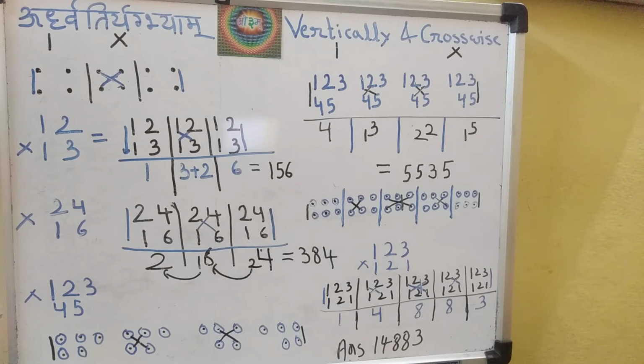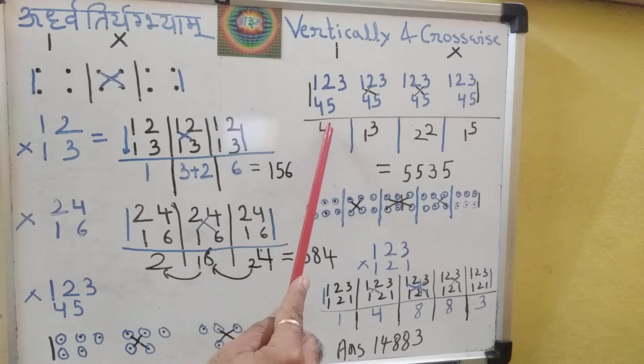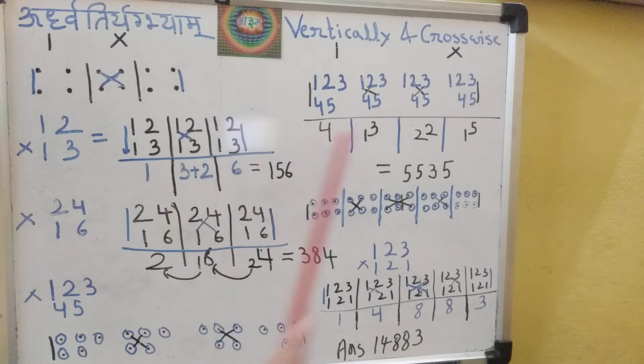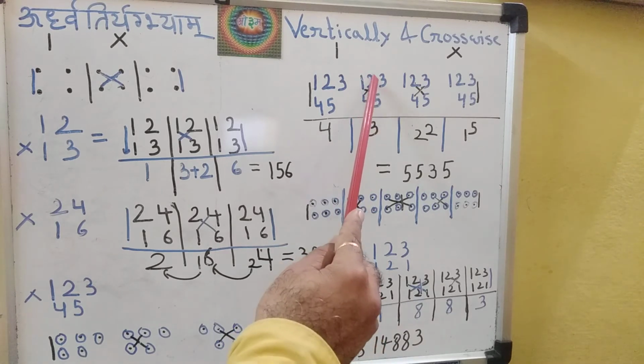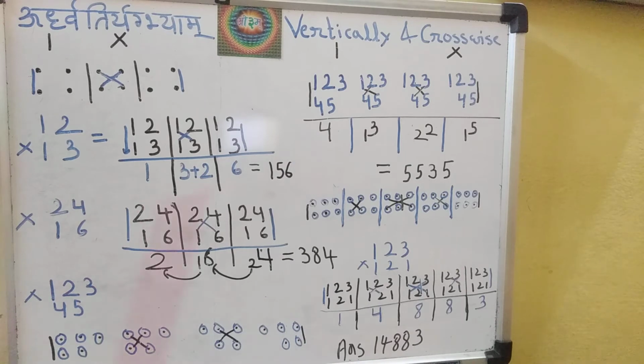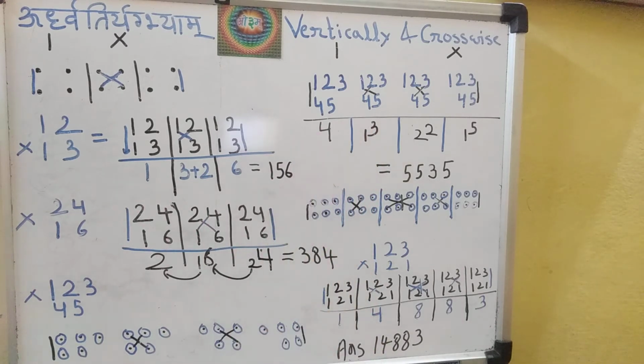123 into 45. First of all, we multiply 1 into 4 vertically to get 4. Then crosswise we multiply 1 into 5, 5, plus 4 into 2, 8. 5 plus 8 is 13. So we drop 3 and carry 1.